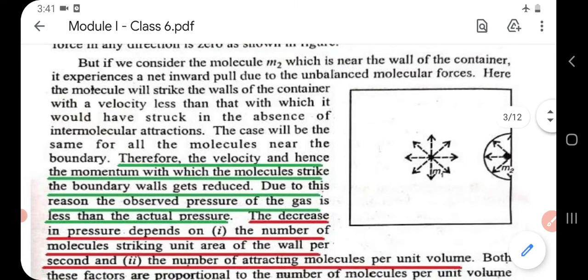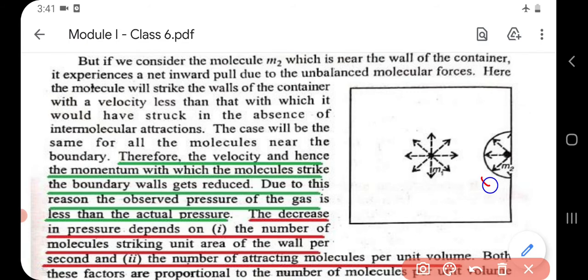Now, let us see another molecule M2. It is lying very near to the walls of the container, so it will experience an unbalanced molecular force. At the same time, it will strike the walls of the container with a velocity less than the velocity with which it would otherwise hit the wall.